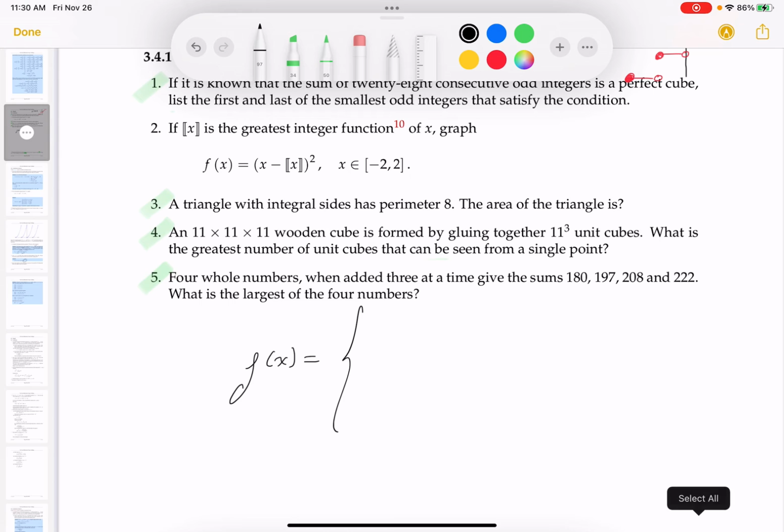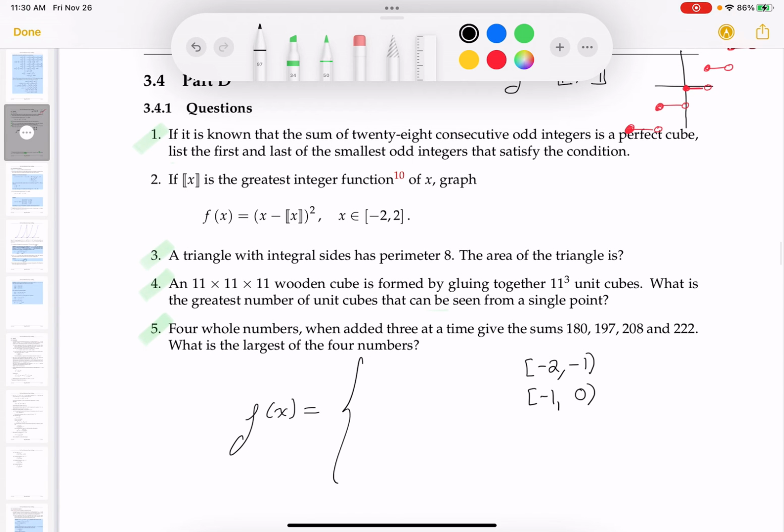I'm going to write the intervals down for you. The first interval starts at -2 and goes up to -1, but it's going to jump there. Then it starts at -1 and goes up to 0, and it's going to jump there. It's always going to be jumping at the integers.